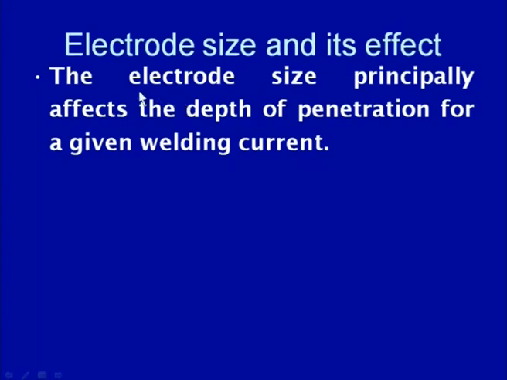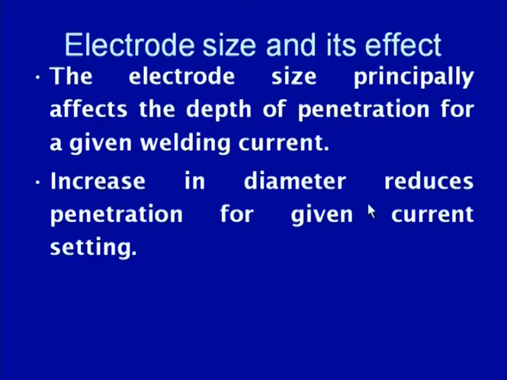The electrode size principally affects the depth of penetration for the given welding current. So, if the electrode size is changed for a given welding current, then the penetration depth is affected. The larger electrode size for a given welding current decreases the depth of penetration. That is what has been mentioned here: increase in diameter reduces the penetration for a given current setting.